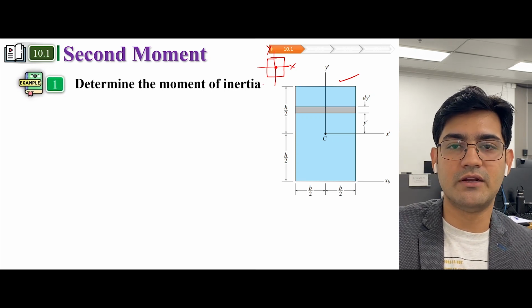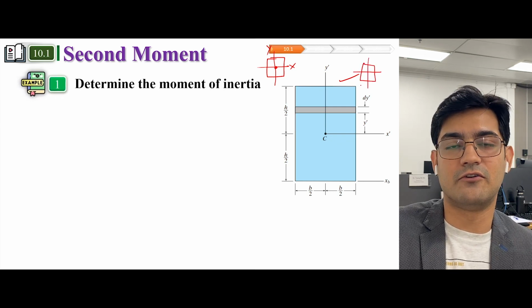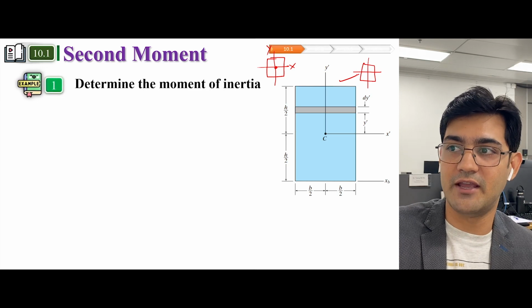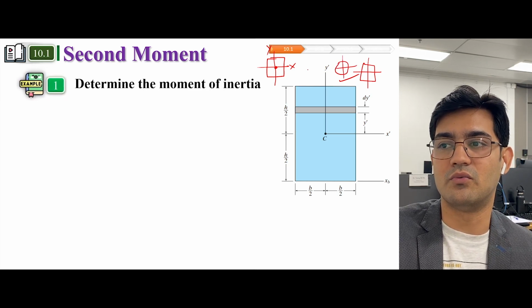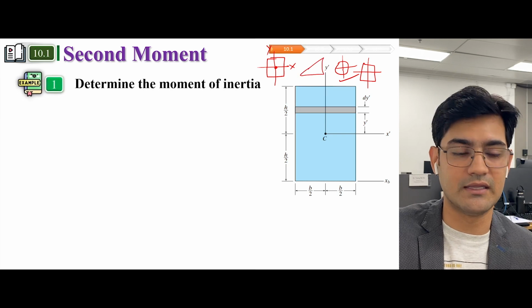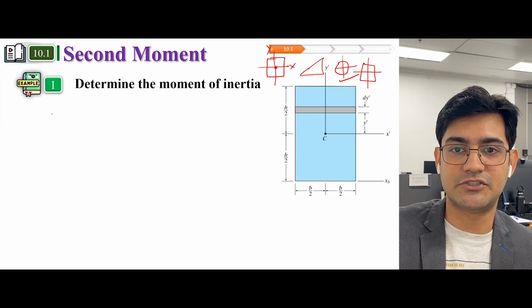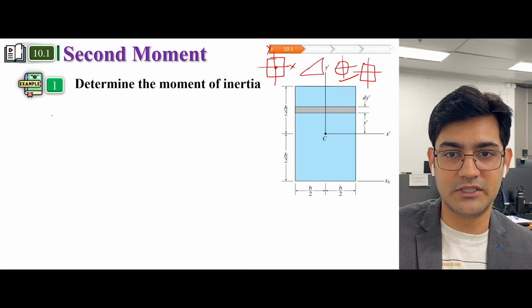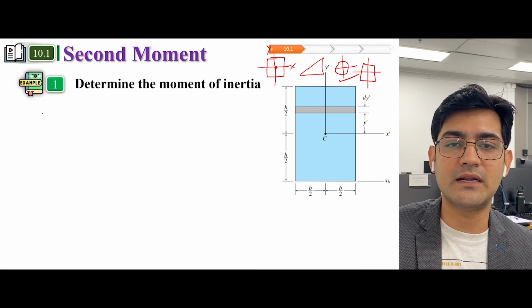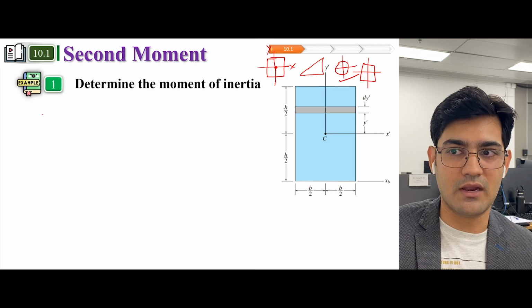Usually we don't need to calculate it for these shapes, because we already know the formulas for the second moment of area of shapes like the circle, triangle and rectangle. But for the sake of this example, let's calculate the moment of inertia of this square.